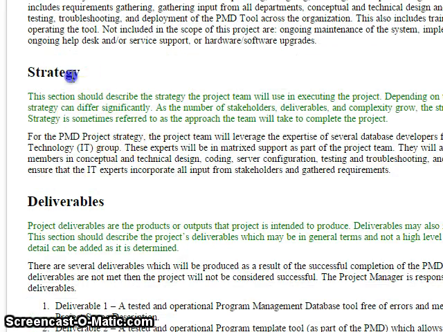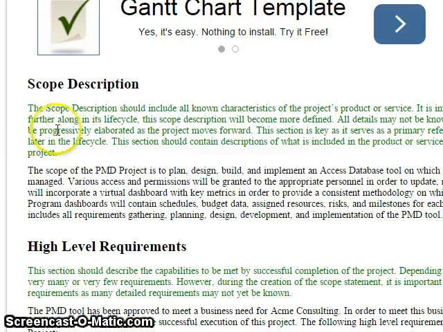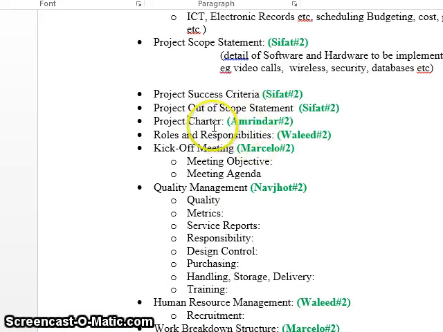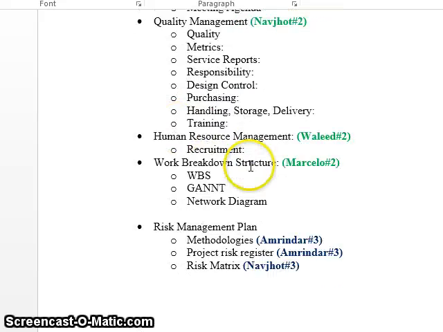Strategy, I don't know what the point of strategy is. Strategy is probably how we plan to carry this out. Let's just go to the strategy. This section should describe the strategy that the project team will use in executing the project. But as far as I understand, this strategy falls in something like the work breakdown structure.